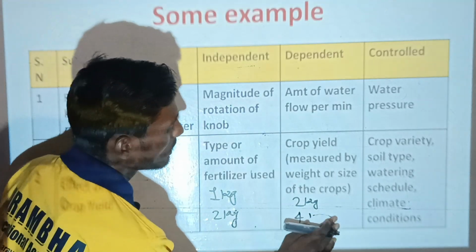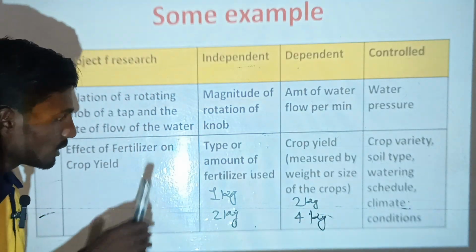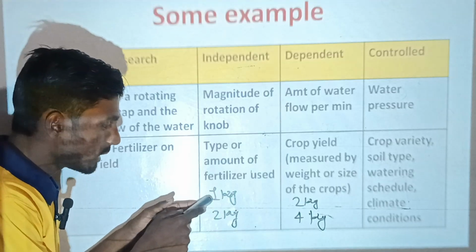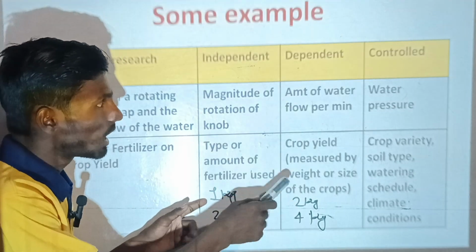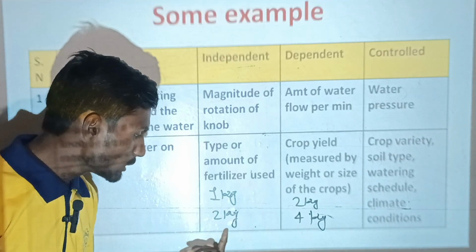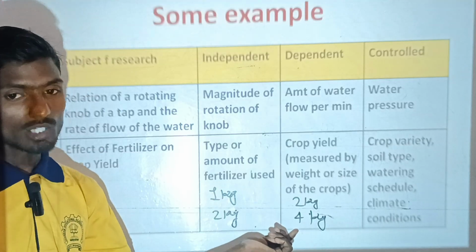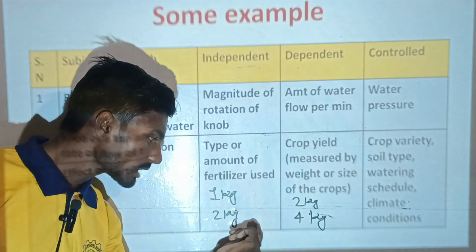So here is the condition: if we use 1 kg of fertilizer, our production will be 2 kg, and if you use 2 kg of fertilizer, then our crop production is 4 kg. So the crop production totally depends on the fertilizer.